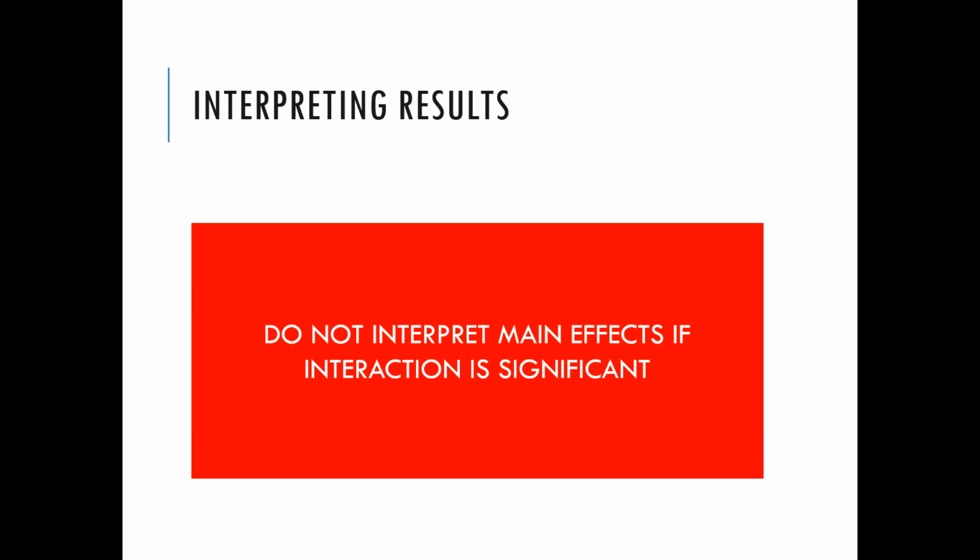Type 2, we would use those results if our interaction term is not significant. If the interaction term is significant, then we would have to look at our type 3 results. And hopefully that comes together when we actually do this in class. But I just want to emphasize this again. If your interaction is significant, you can't just look at main effects that don't take into consideration that interaction term.